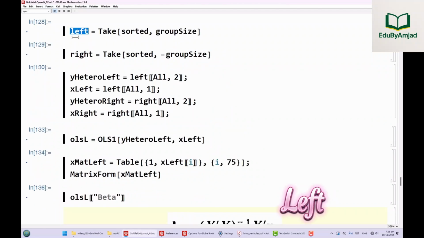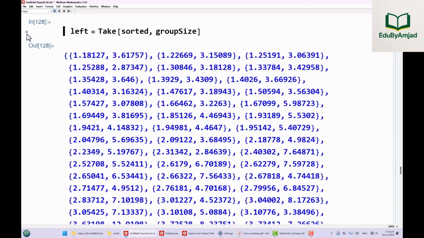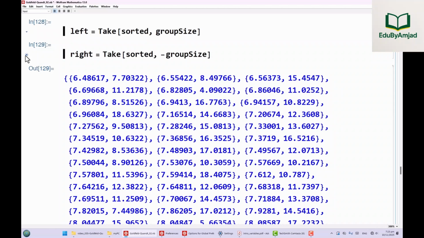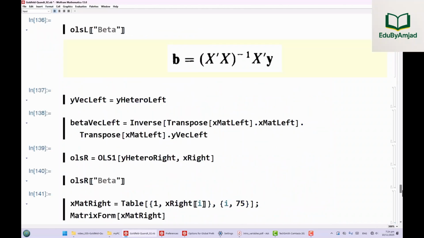We call them the left group, with smaller x values, and the right group, with larger x values. We'll now run separate OLS regressions for the 2 groups and compare their residual variances.